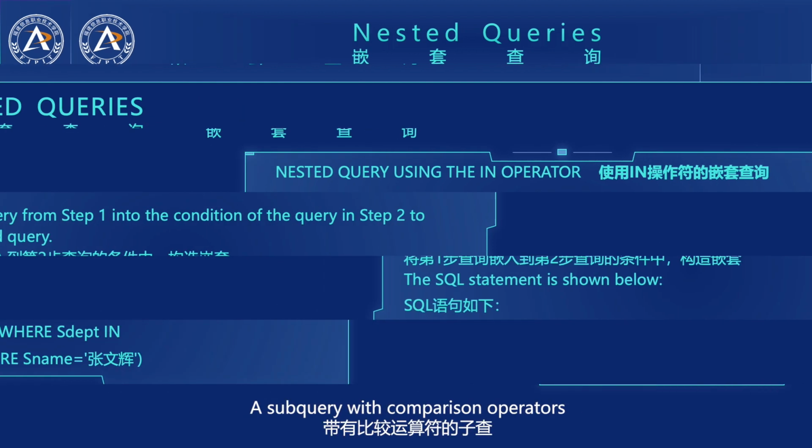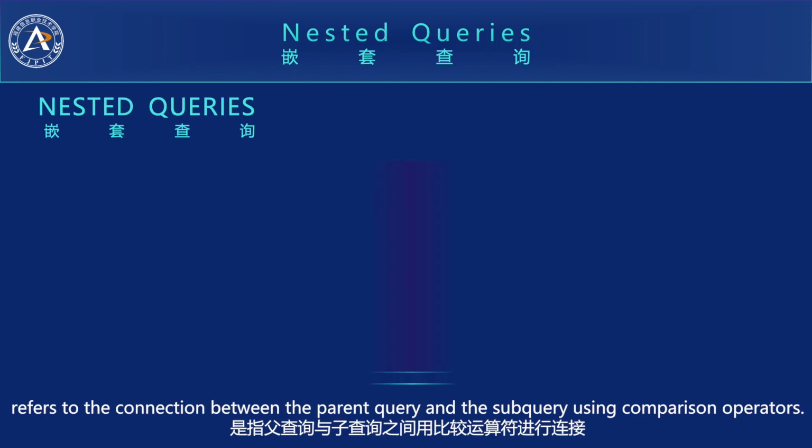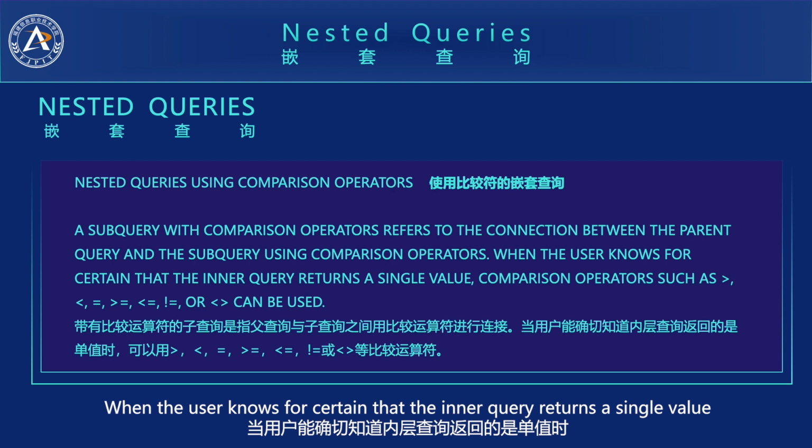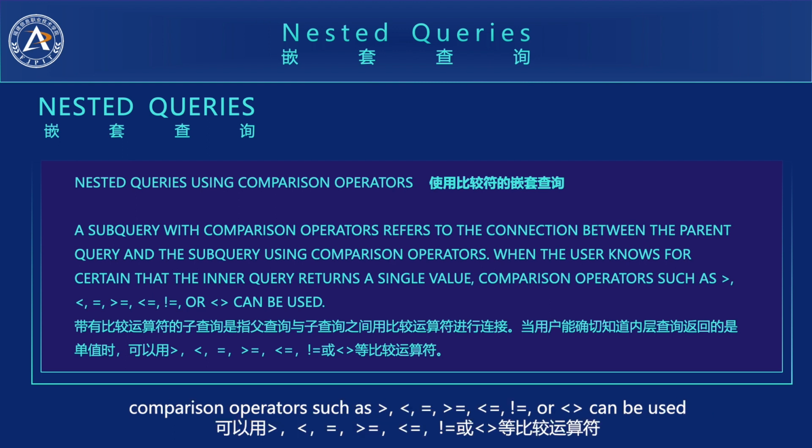A subquery with comparison operators refers to the connection between the parent query and the subquery using comparison operators. When the user knows for certain that the inner query returns a single value, comparison operators such as is greater than, is less than, equals, is greater than or equals, is less than or equals, or is not equal to can be used.